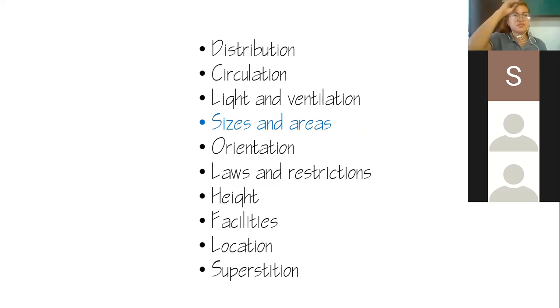This distribution is more on how you would identify traffic, or how you would identify the activities in a certain area, and place them where the less traffic will be. So basically, zoning.